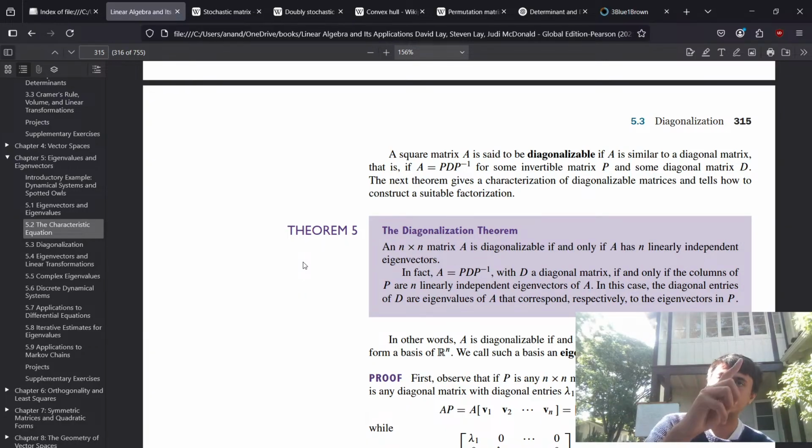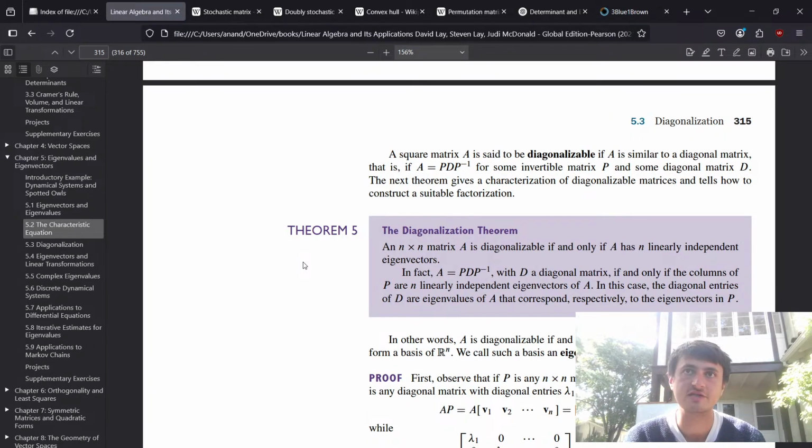They only get scaled. And so those vectors have a special name called eigenvectors, which is a German word. And the amount they get scaled by is called an eigenvalue.